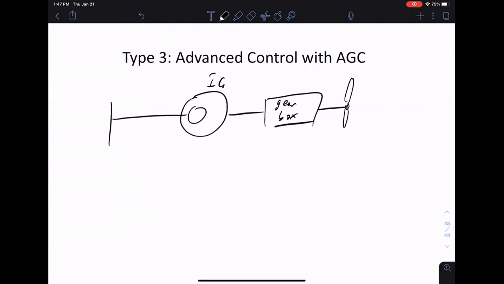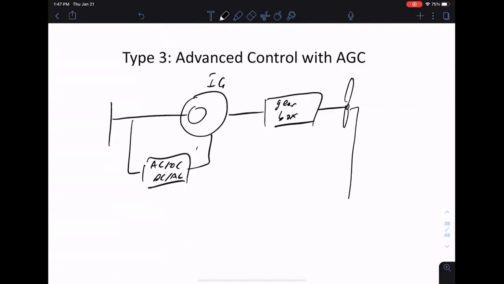The way we do control is we add a feedback loop into this box. This is a measurement. This can measure things like pitch angle. Sorry, let me draw this better. So we have a box called the AGC box. This is automatic generation control.